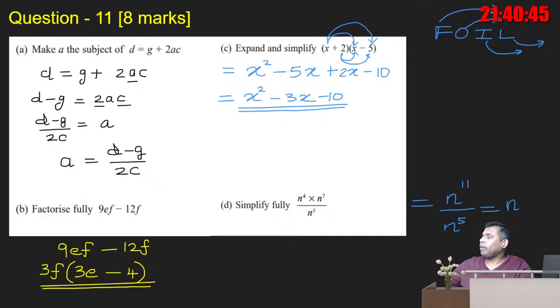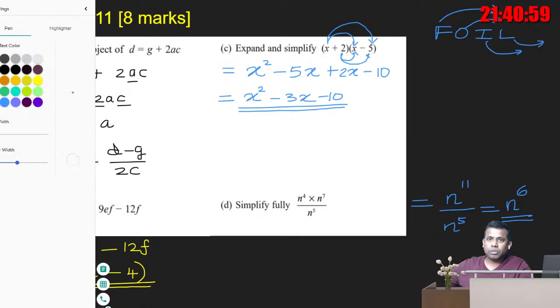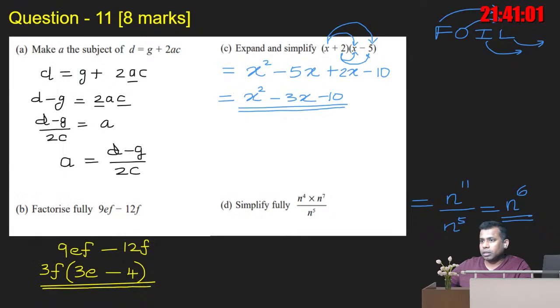When you're dividing, powers need to be taken away. So 11 take away 5 is 6, right? So n to the power 6 is going to be the answer.